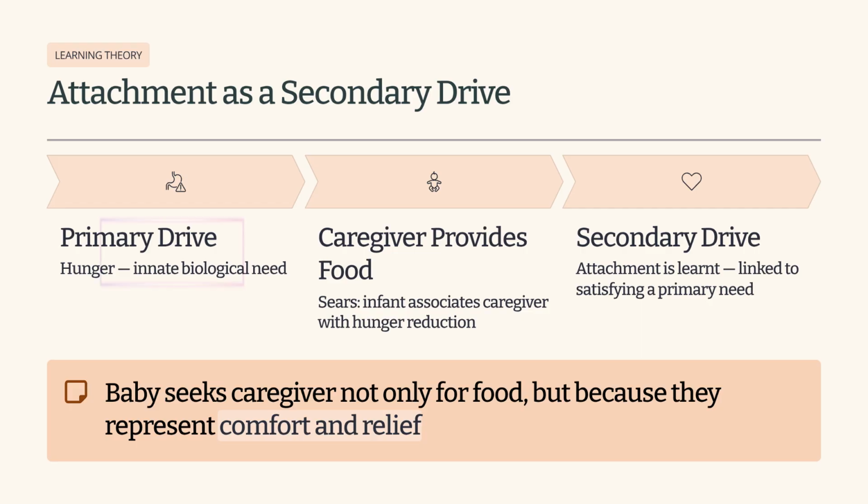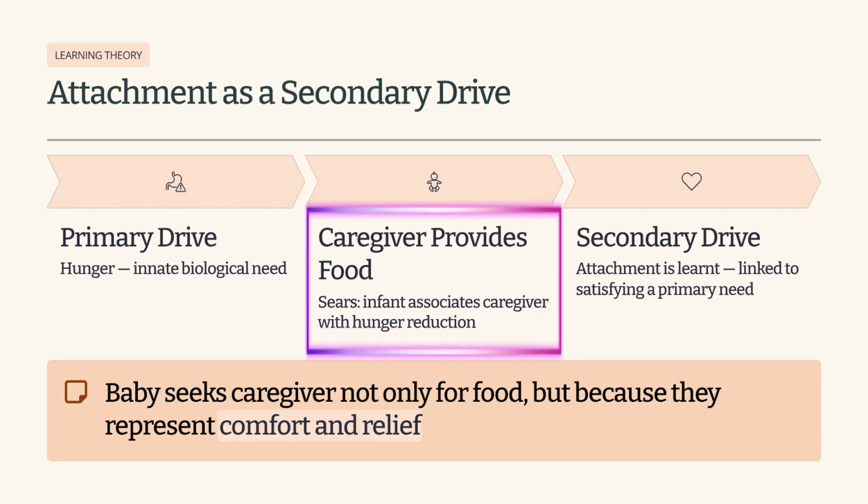Now let's look at attachment as a secondary drive. Learning theory also uses the concept of drives. A primary drive is an innate biological need, such as hunger. We are motivated to reduce hunger by eating. Sears suggested that because caregivers provide food, infants begin to associate the caregiver with the reduction of hunger.